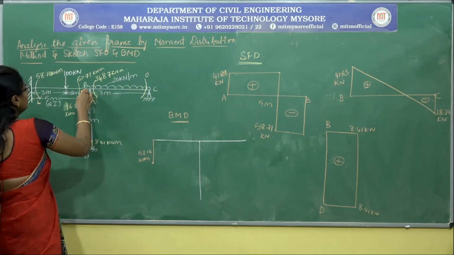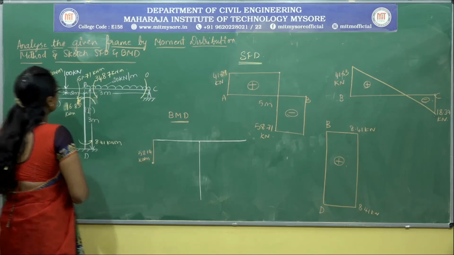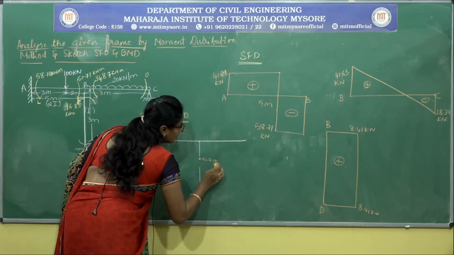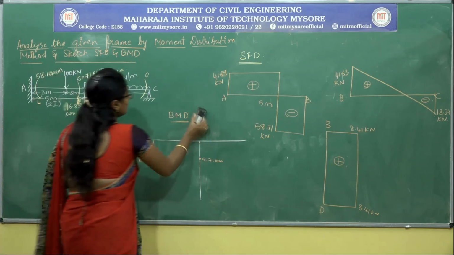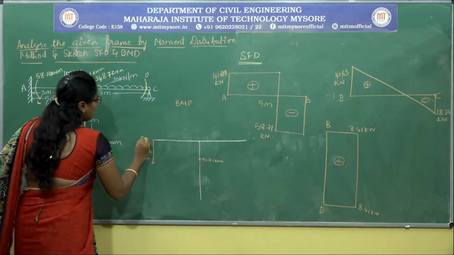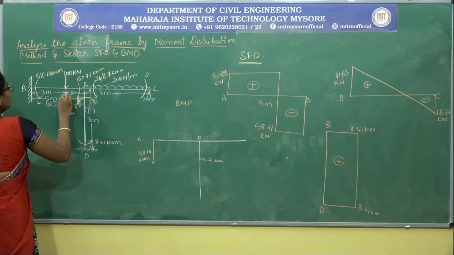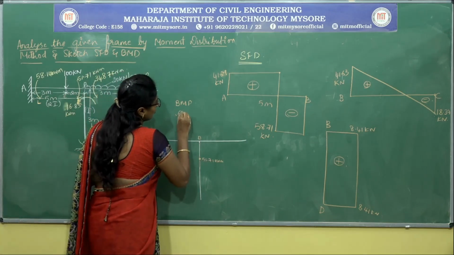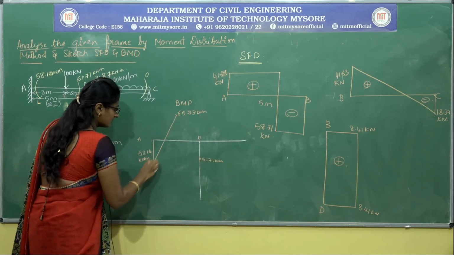Next, at B, it is 51.71 clockwise. At the right side, again it is negative. Therefore, it is somewhere here, 51.71 kilonewton meter. In between this, we have the maximum bending moment in between A and B, that is at the 100 kilonewton load. So I consider it as E. So join this.